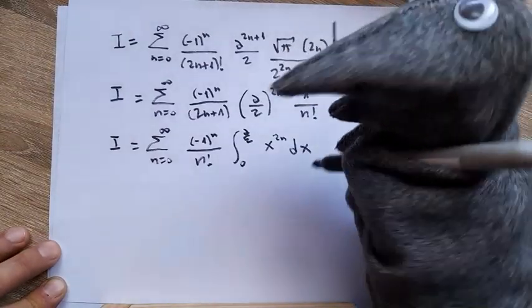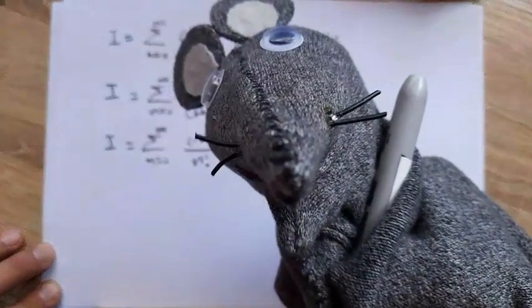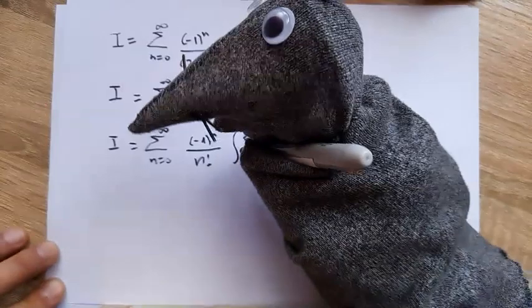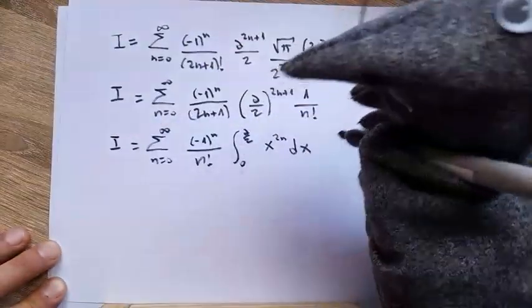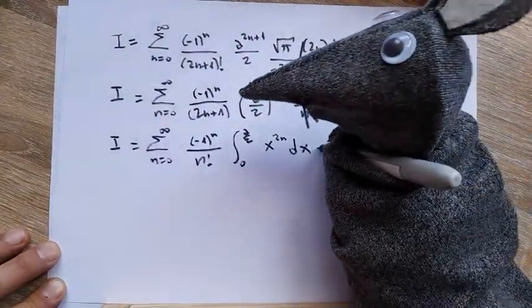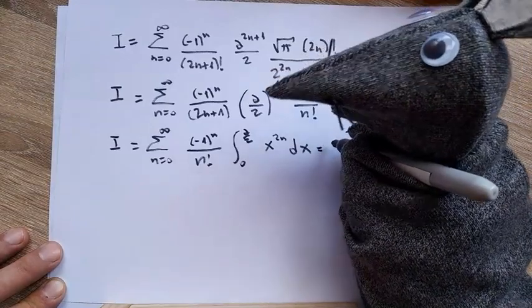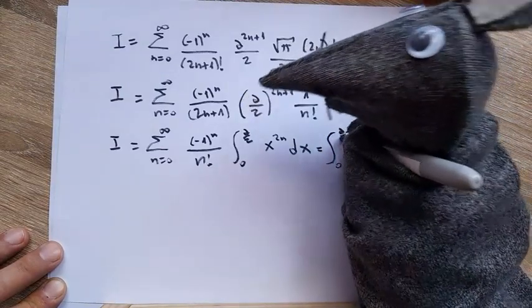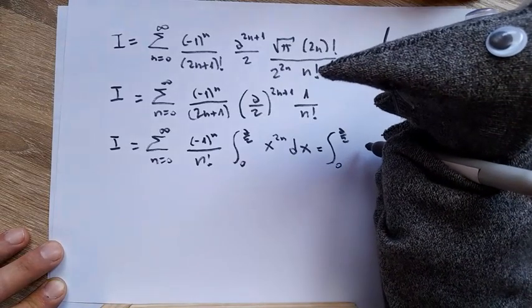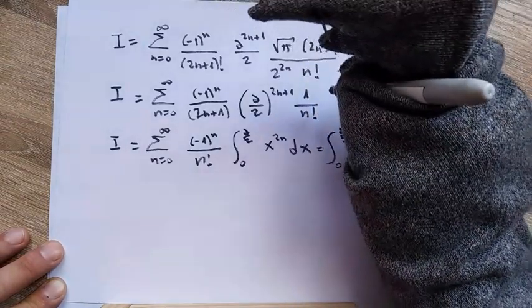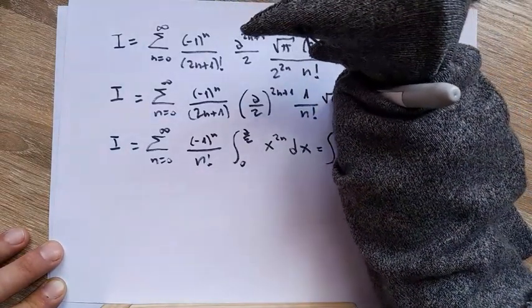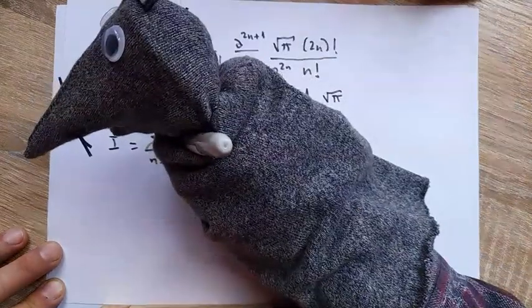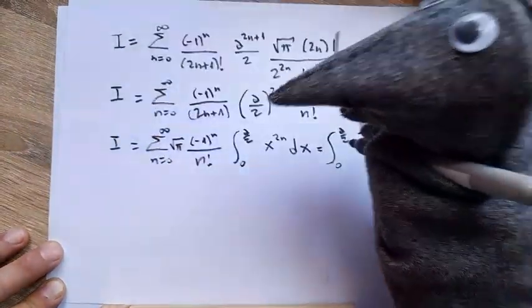So now we will exchange the integration with the summation. So we get the integral from 0 to a over 2 of, sorry, I forgot the square root of pi here. Square root of pi here also.